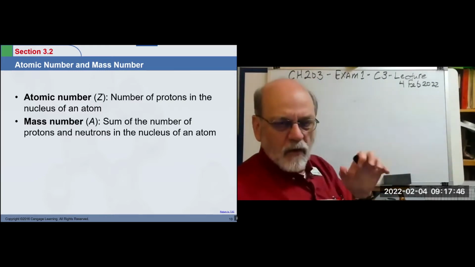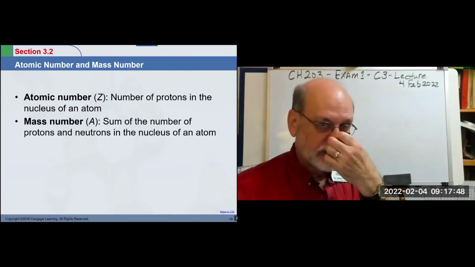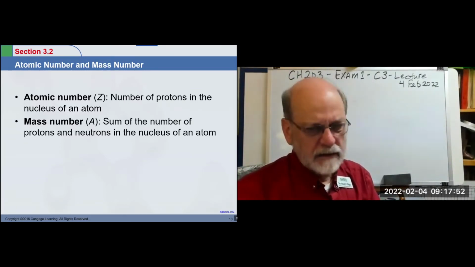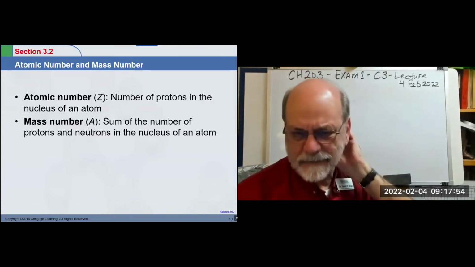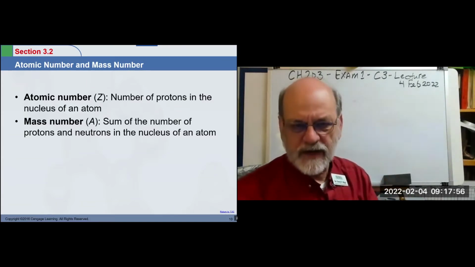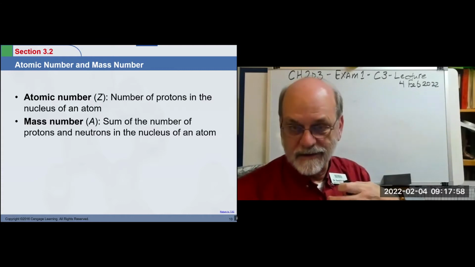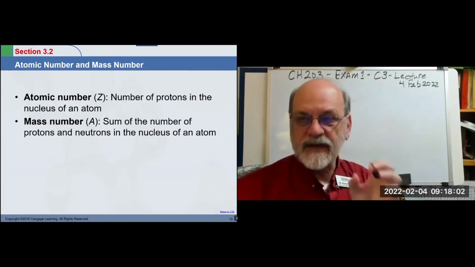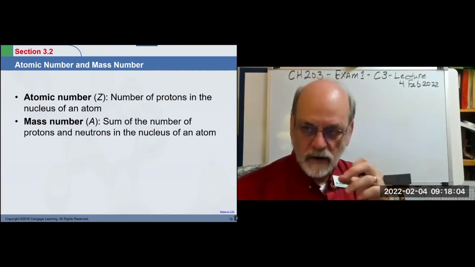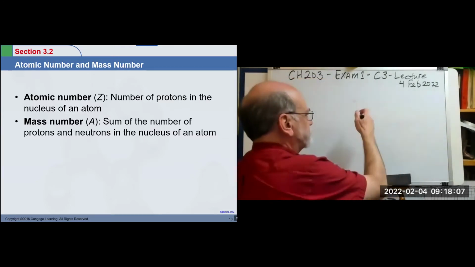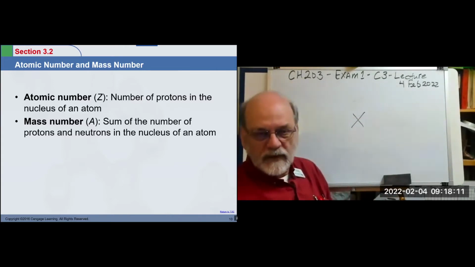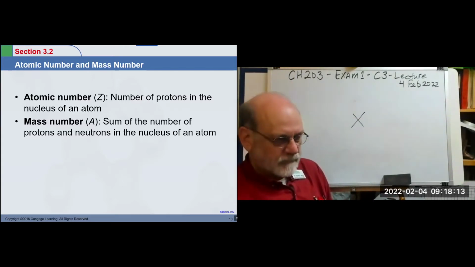Okay, when we write the symbol for an element, and I don't think we've even talked about that yet, let's just, for argument's sake, say we're going to represent the atom with a symbol, either one letter or two letters. I'm going to use an X to represent that atom.